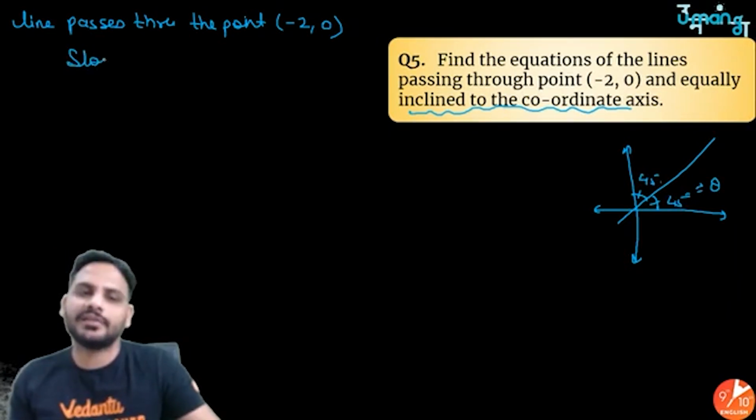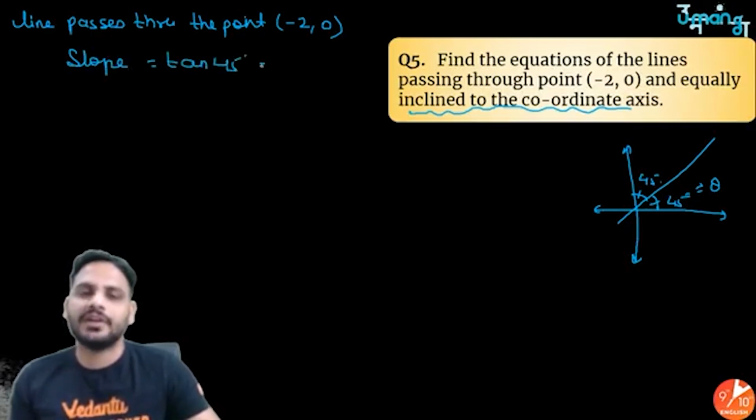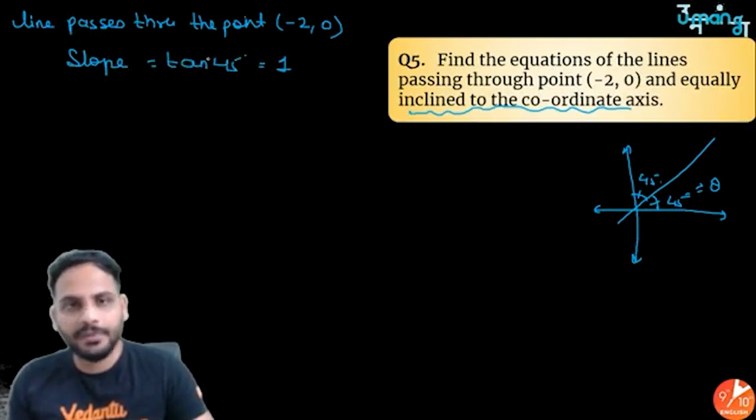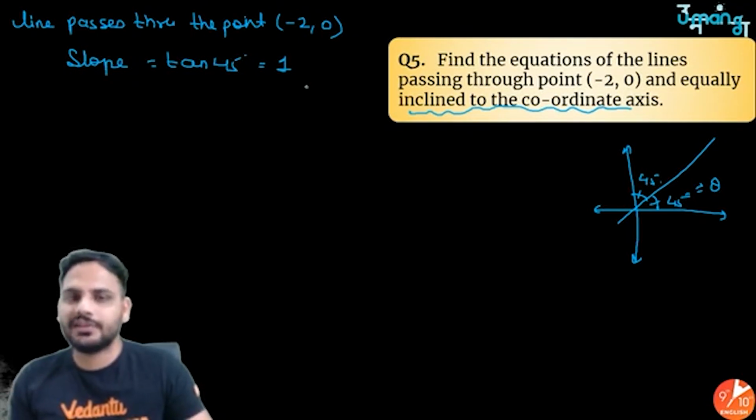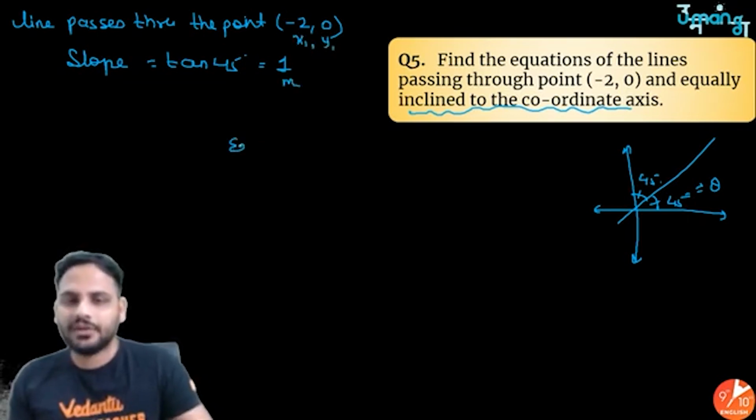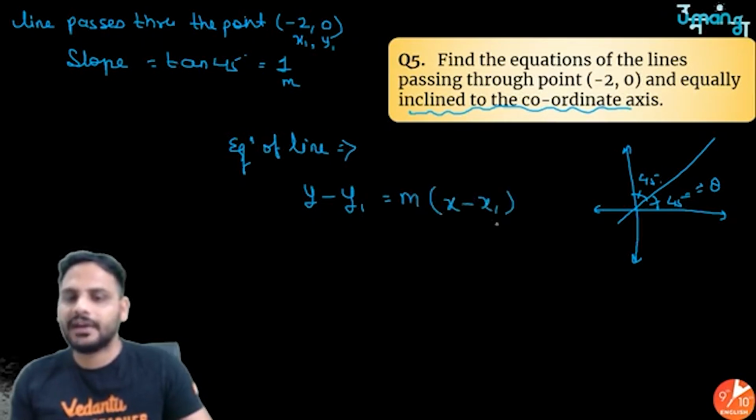So we can clearly say, sir, we know the slope, which is tan 45 degrees, which is equal to 1. So we know the slope, and we know a point through which the line passes. Let us say this is x1, y1, and this is m. I can clearly say the equation of line is y minus y1 is equal to m times x minus x1.